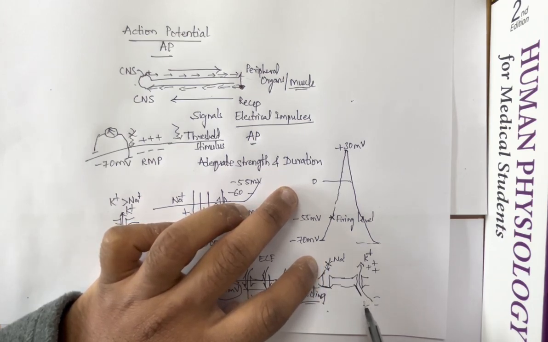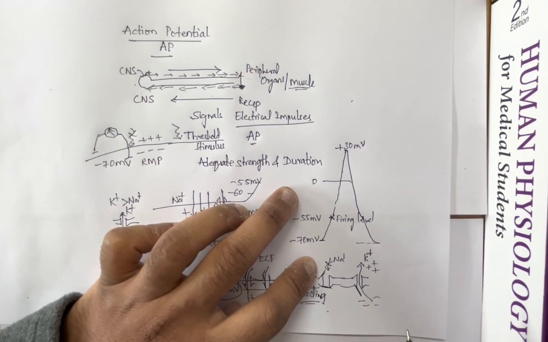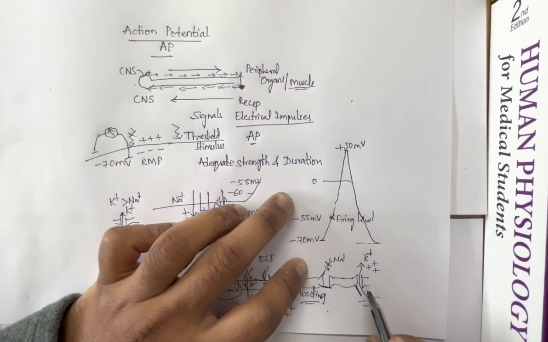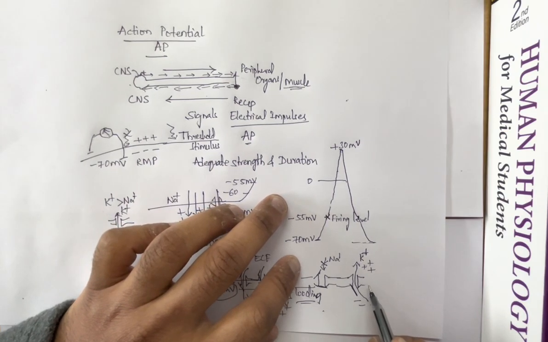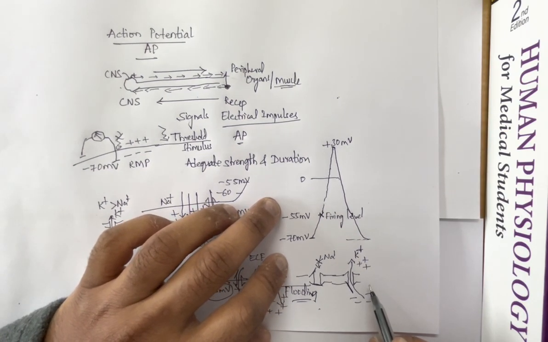Restoration of the polarized state is repolarization, that is happening because of the activation of voltage gated potassium channels and potassium efflux along the concentration gradient. But these voltage gated potassium channels will remain open for a longer duration, so that the potassium efflux continues for more duration.